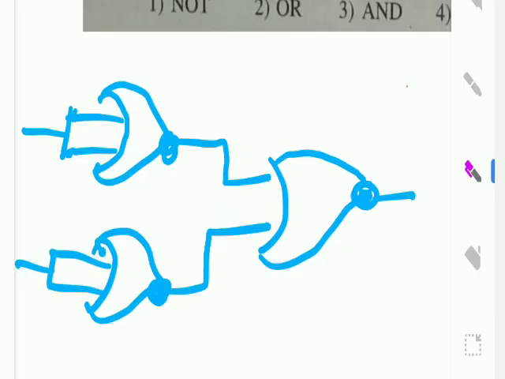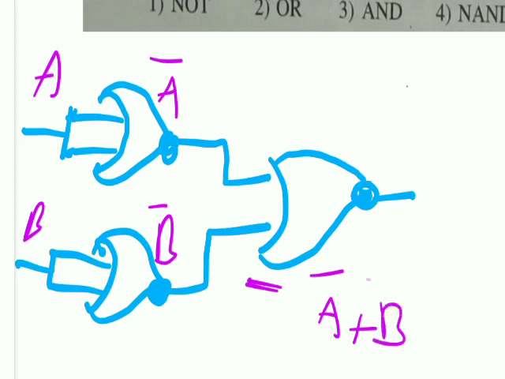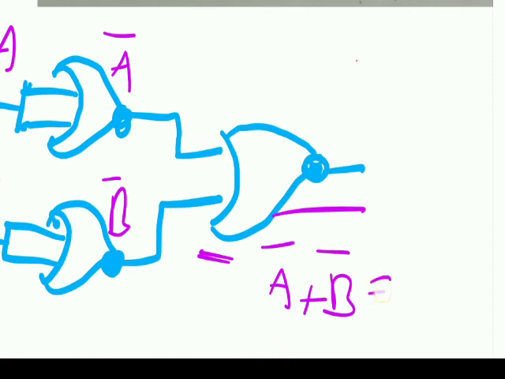So see this diagram: A, B, A complement, B complement, A complement, NOR gate, NOR, B complement, whole complement, A dot B.